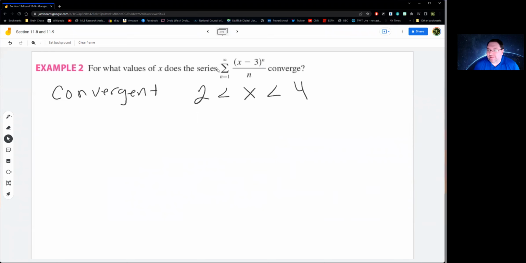So we're going to plug those values in for x and see what the problem looks like. If I plugged in x equals 2, I got (-1)^n over n. Is that series convergent or divergent? And how would we be able to tell?